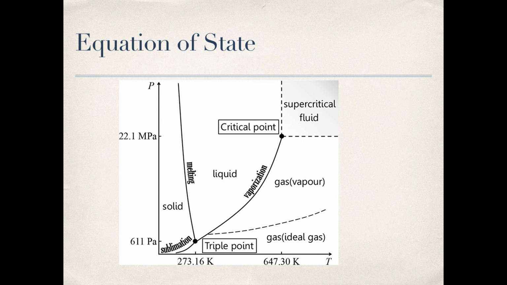All right, consider this. There are lots of lines on this diagram, and there are also areas, and they divide the complete pressure and temperature plane into different areas. And these areas are labeled gas or liquid.